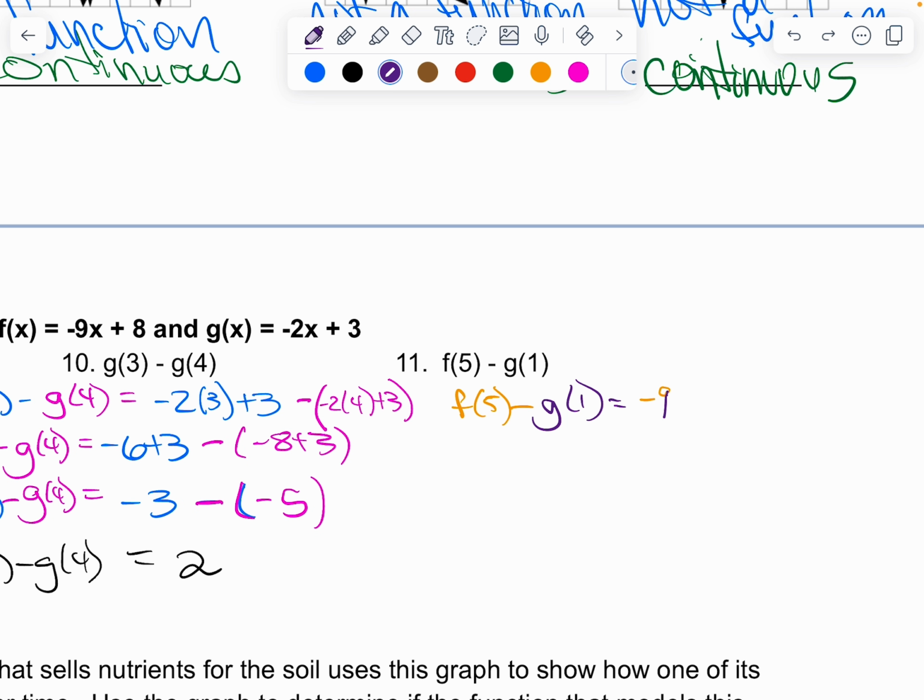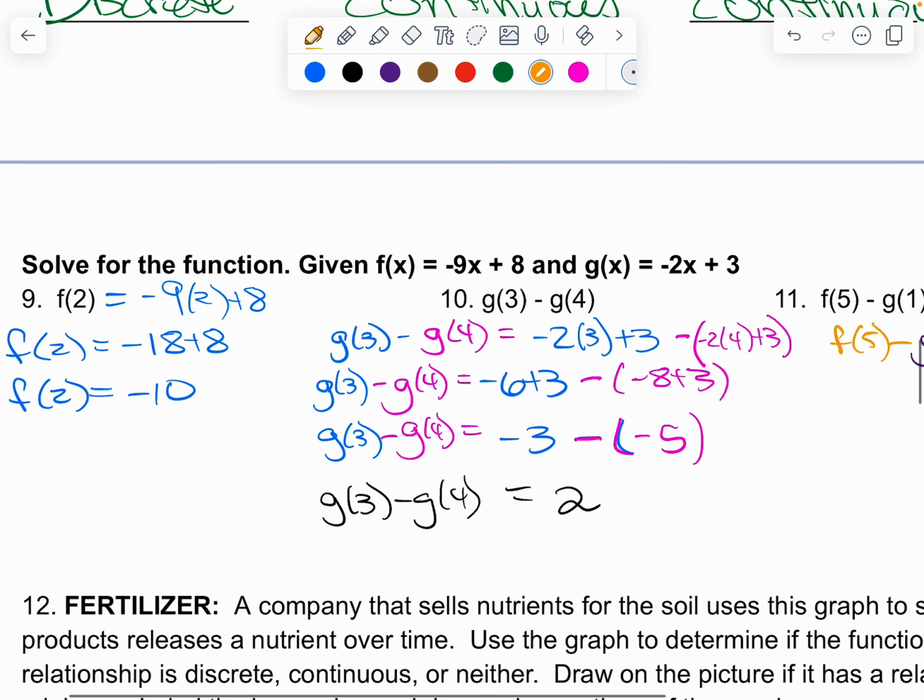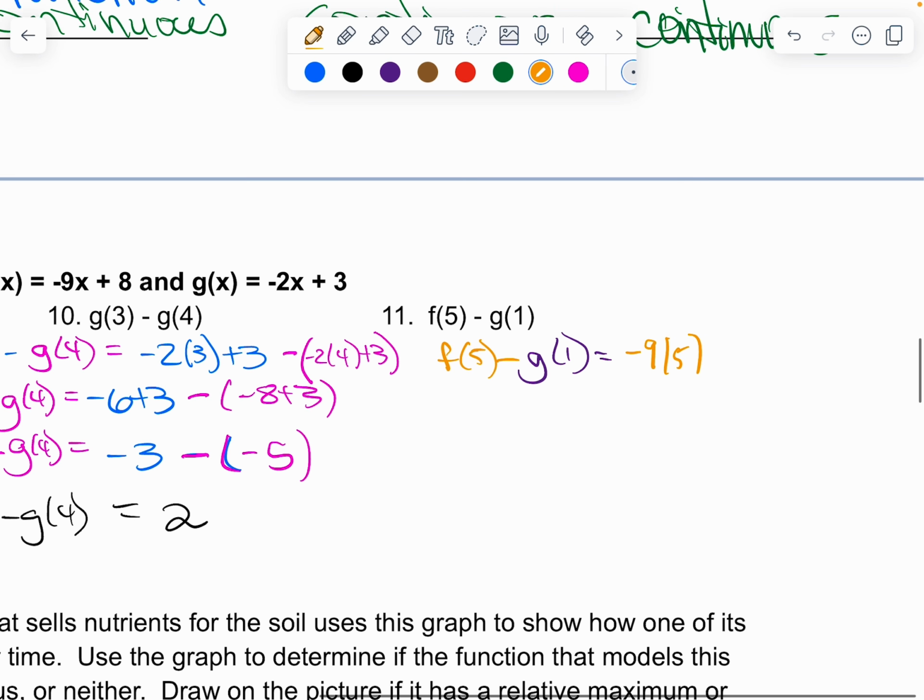Negative 9. Okay. Having a hard day this morning. Negative 9, I'm going to replace that with 5, and I'm going to add 8. And then I'm going to subtract negative 2 times 1 plus 3.